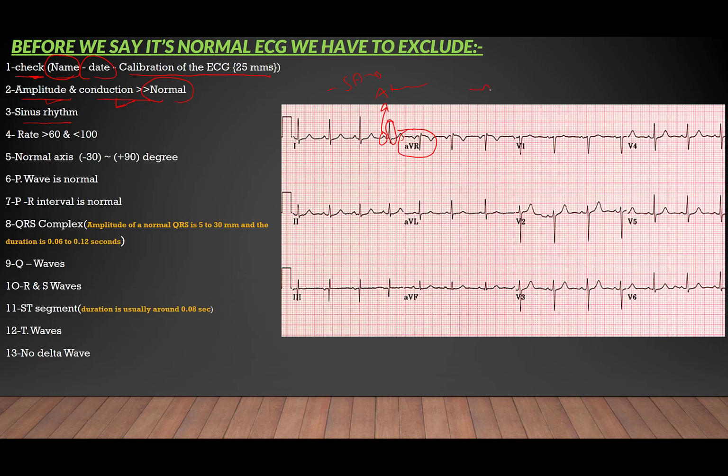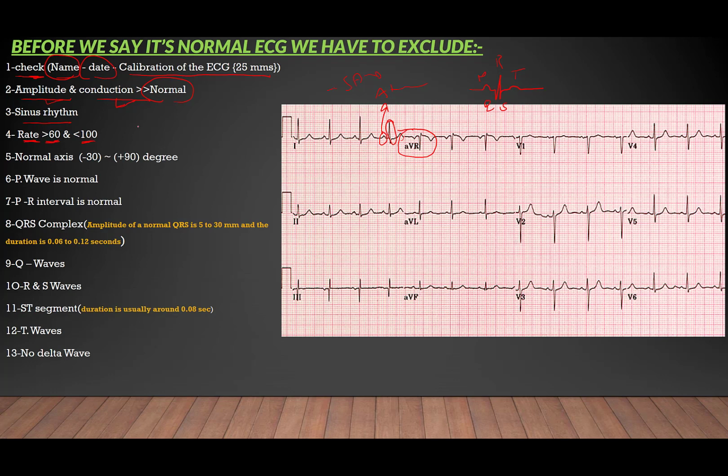So here we have the normal P and QRST. Okay, this is P, QRST. So the rhythm is sinus. We have to check the heart rate. As I discussed before, the rate should be more than 60 and less than 100 beats per minute. So a normal heart rate is between 60 and 100.